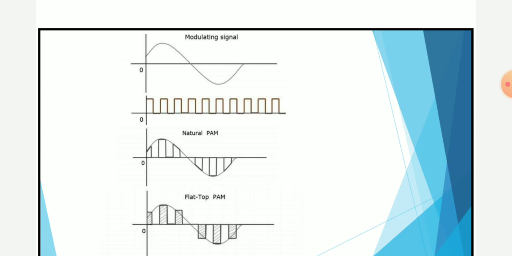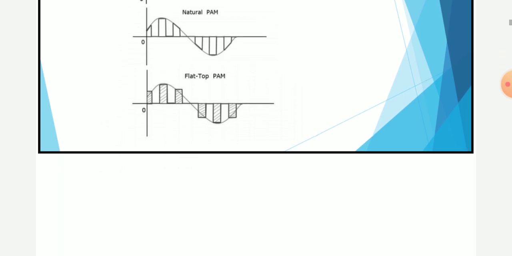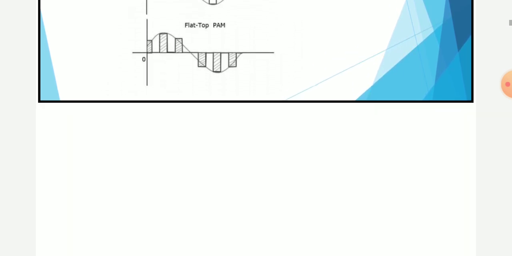If we change the envelope of the pulse, that is, the top shape of every pulse is obtained as a flat signal, then it produces a flat top PAM signal. This is how the PAM wave can be represented.